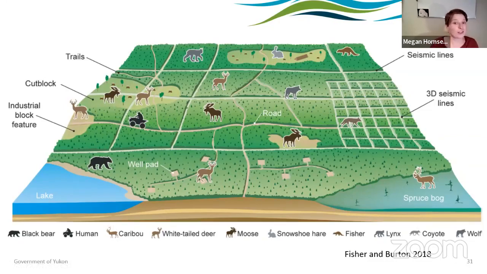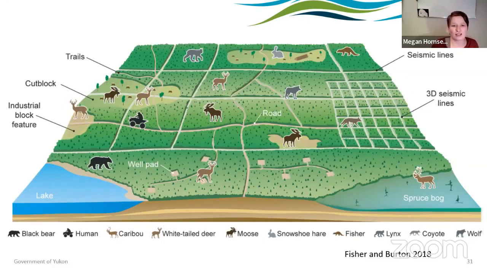So, pretty much just like all of us, we want to take the path of least resistance through the forest. And often we'll take the little old trail versus just bushwhacking because it's easier. Well, animals do the same thing.